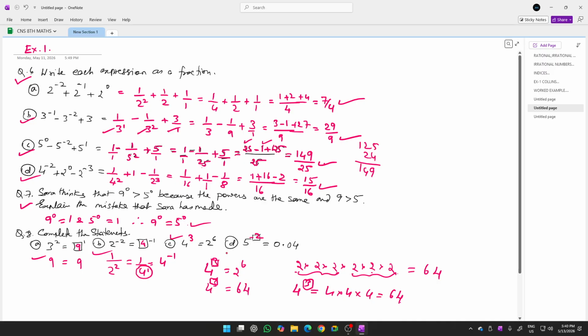Now D is 5 raised to something is equal to 0.04. So first let me work out this 0.04.